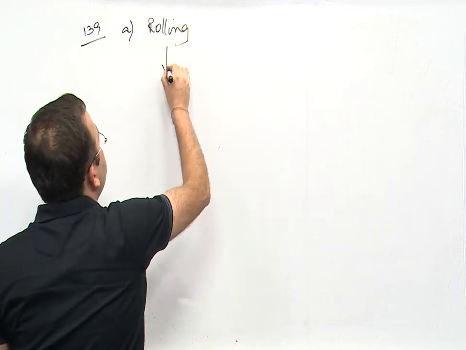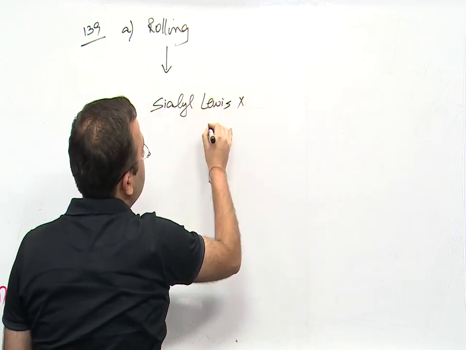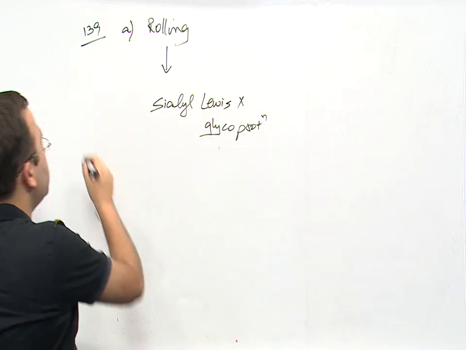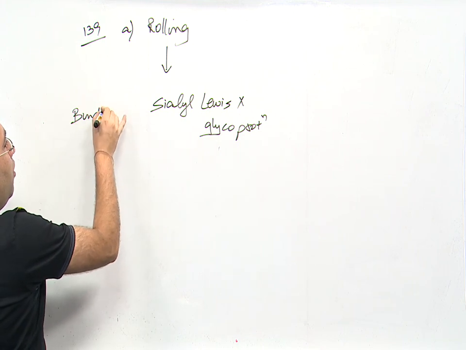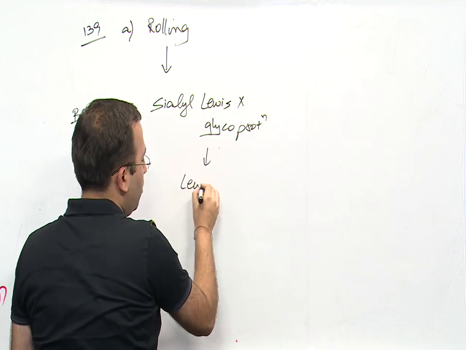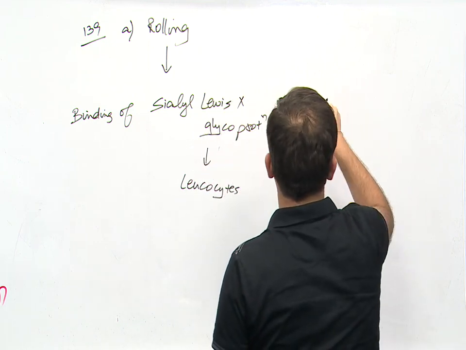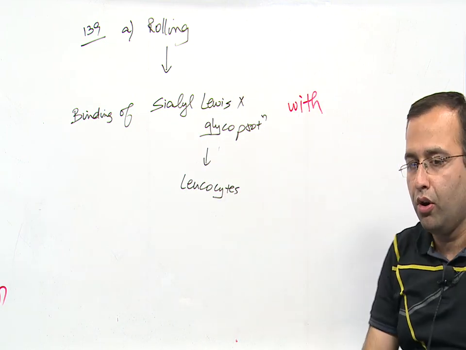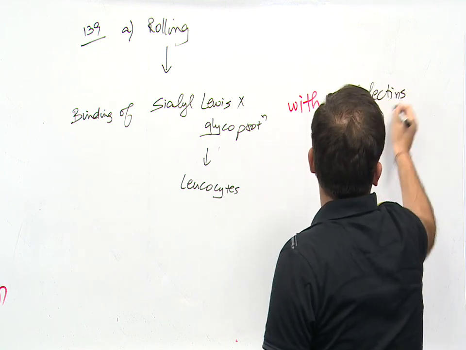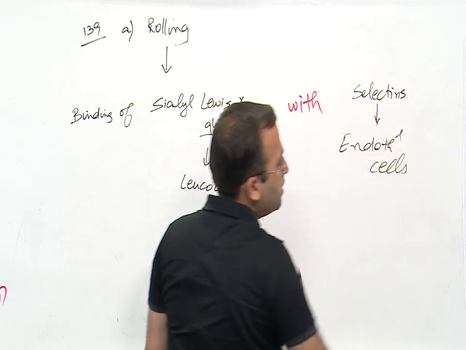Rolling takes place because of binding of sialyl Lewis X glycoprotein, which is present on leukocytes, with selectins present on endothelial cells.